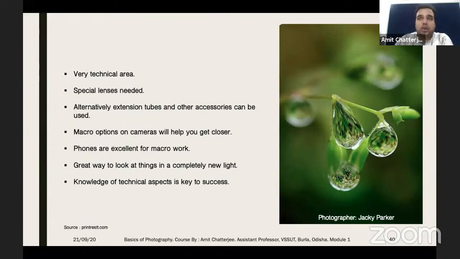Until and unless you have really good control or command over your camera, you might not be able to do it. Just having the best DSLR or the best macro lens won't guarantee that you will get a really good macro shot until you understand the subject properly.